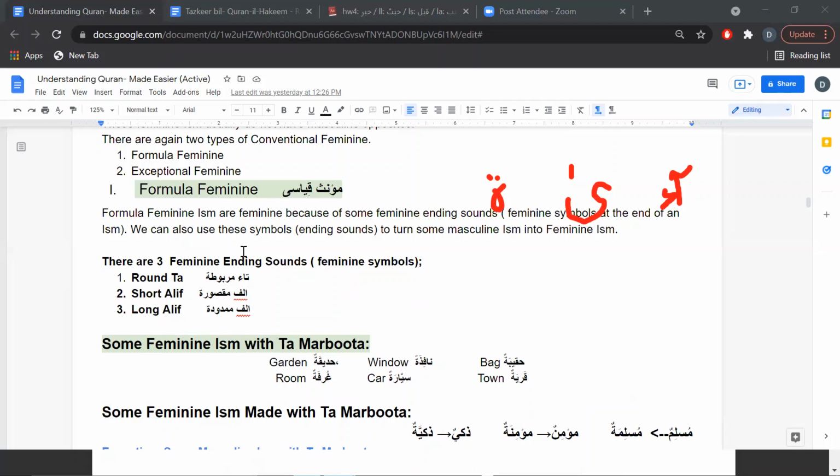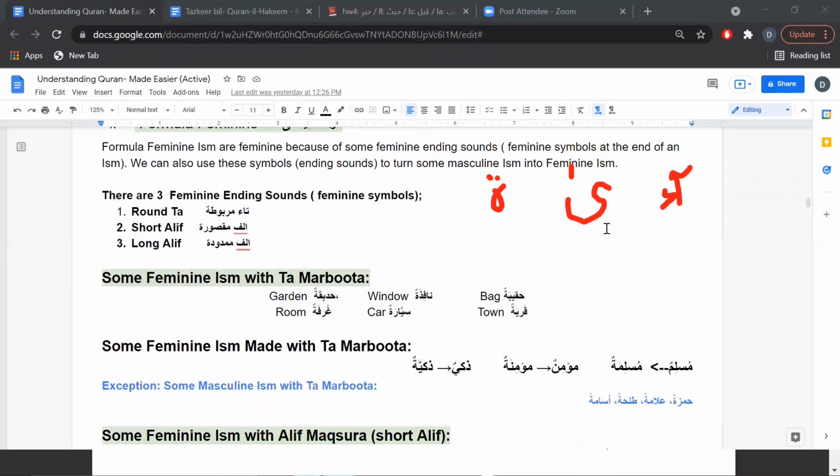So because of these endings, you say an ism is feminine, then that ism is called formula feminine, because of these endings. Okay.